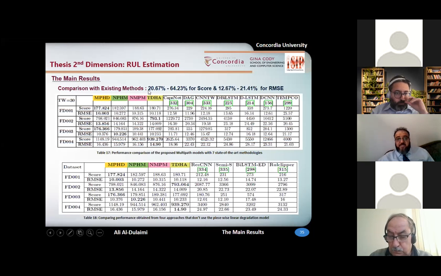The improvement was around 20.1 up to 64 in terms of the score values, and between 12.7 up to 21 in terms of the RMSE. Even with the models that didn't use the piecewise linear degradation, our models achieve the best results.